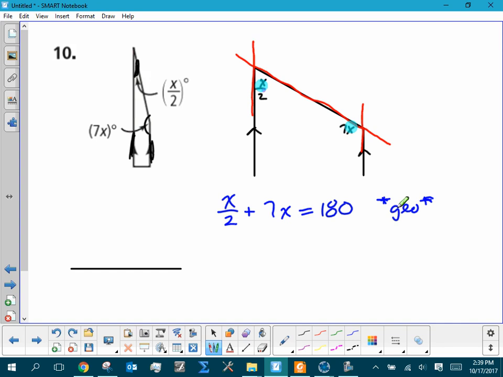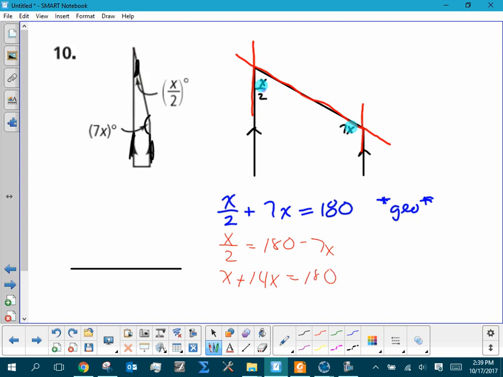Well, if they're just asking you to create an equation, that's all you have to do to show you understand your geometry. One person could write x squared plus 7x equals 180. Someone else could write x squared equals 180 minus 7x. Somebody else could write x plus 14x equals 180.